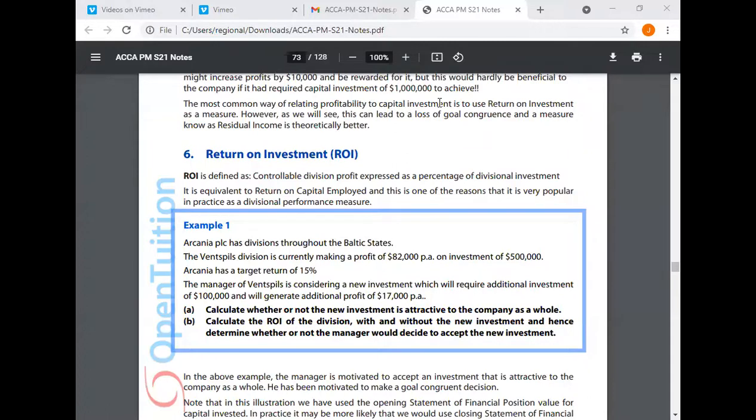So if you guys had really printed this book out, I would have wished that you underline, calculate whether or not the new investment is attractive. The key word here is new investment.